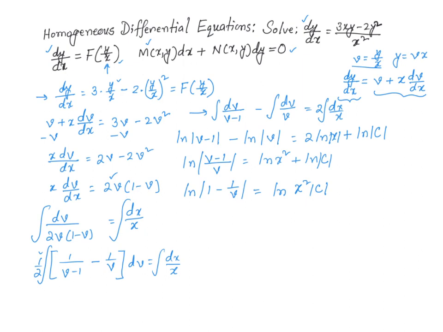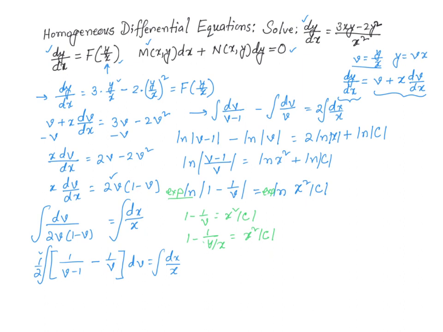Now I can apply the exponential to both sides. ln and exponential are inverses of each other, so they cancel each other out. It's going to give me 1 minus 1 over v is equal to x squared times the absolute value of c. Now v is y over x, so it's 1 minus 1 over (y divided by x) is equal to x squared times the absolute value of c.